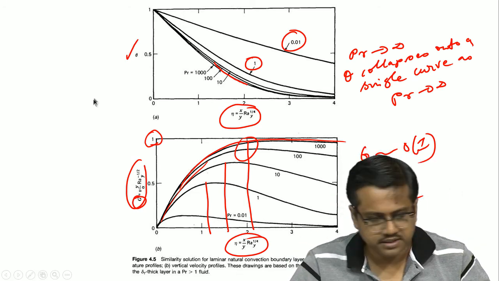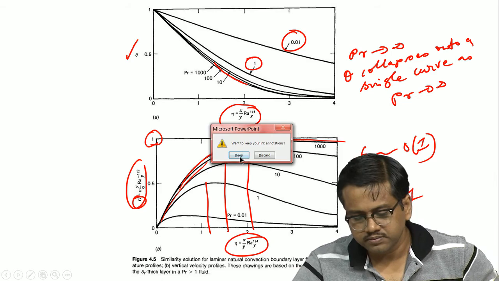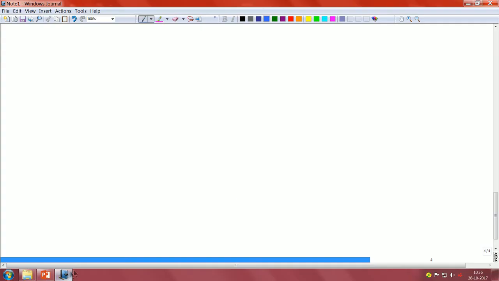So, let us go back to our sheet. The local heat transfer coefficient: h y by k is equal to minus theta prime at eta equal to 0 times Ra y to the power of 1/4, right.